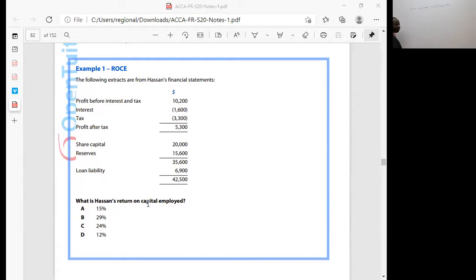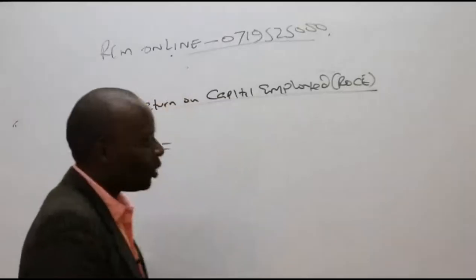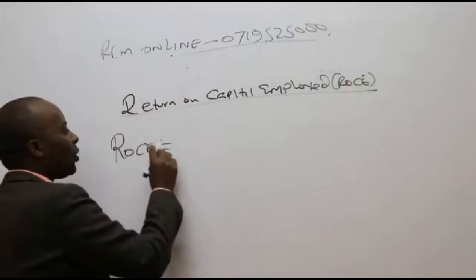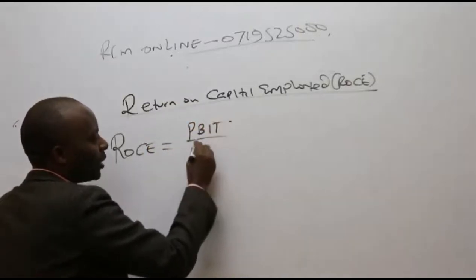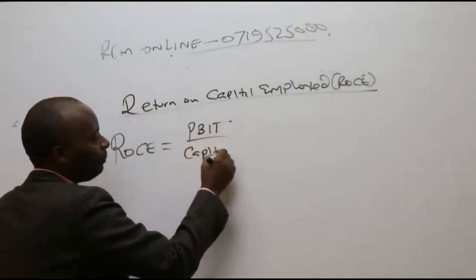Return on capital employed, which is our ROCE, will be equal to profit before interest and tax over capital employed.